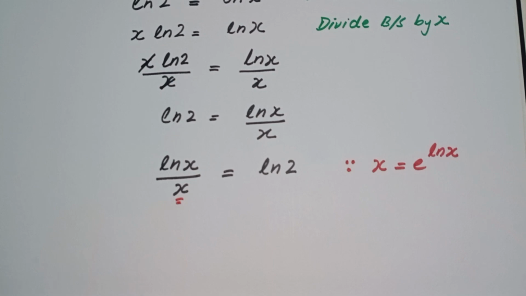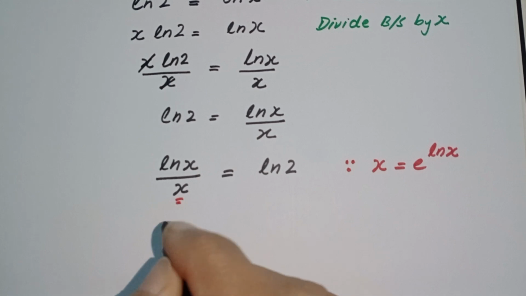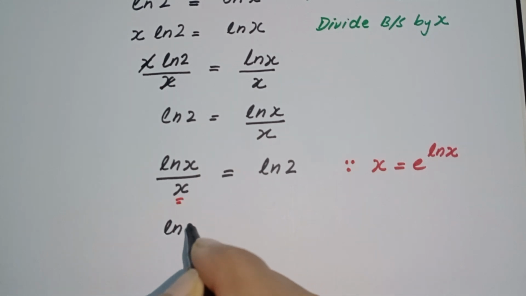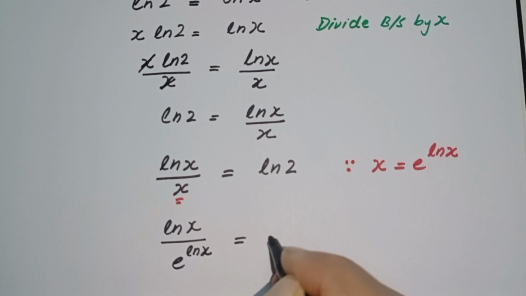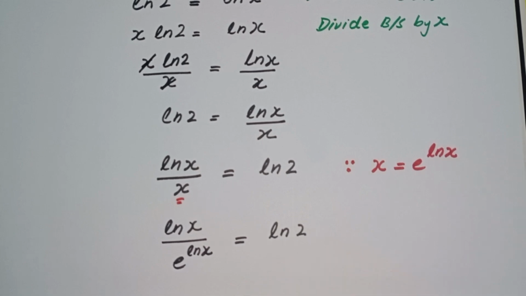So here we will plug in the value of x: natural log x over e to the power natural log x is equal to natural log 2.